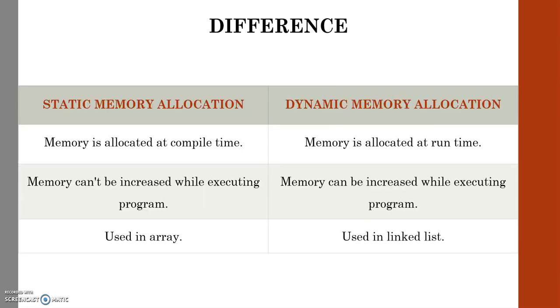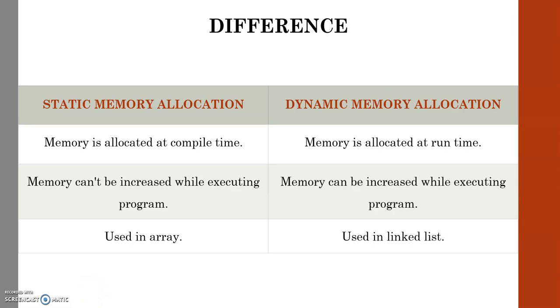And when we talk about the linked list, dynamic memory allocation is always there. So first, let's talk about the difference between the static memory allocation and the dynamic memory allocation.